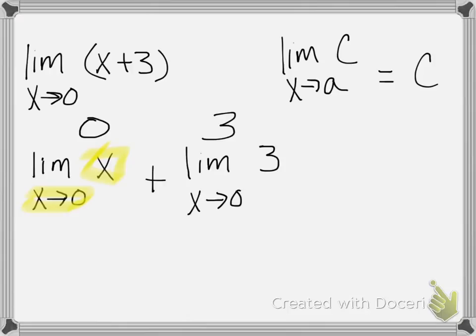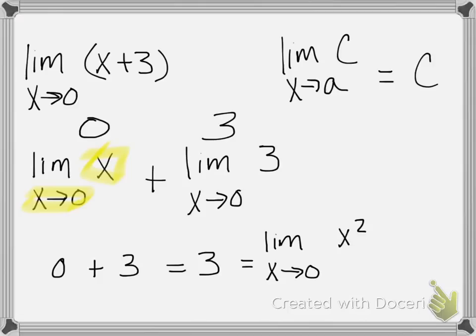And whenever we do that, the limit goes away, so we're just going to have 0 plus 3. And so that is just going to be equal to 3, which was originally the limit as x goes to 0 of x squared plus 3x all over x.